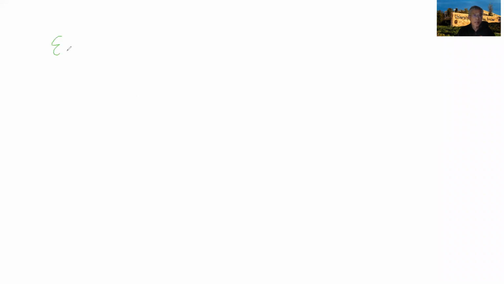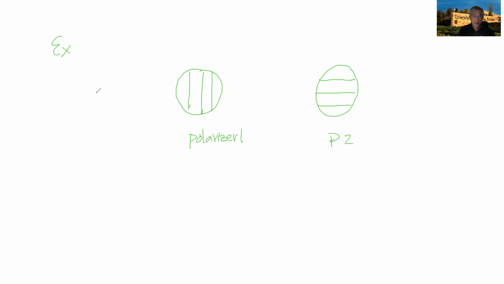If we give an example, you have a polarizer that goes like this, followed by another polarizer with a direction like that. This is polarizer 1, and this is polarizer 2. Now if you have unpolarized light, we can also draw it this way.